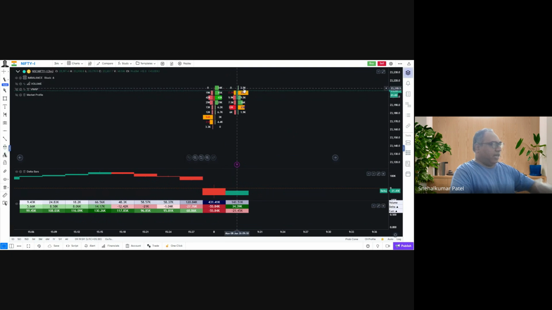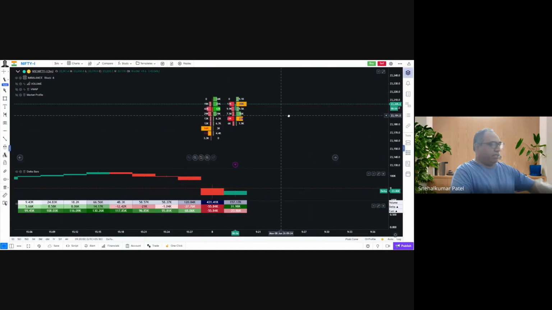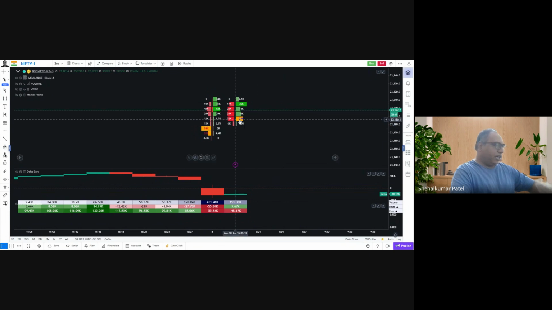This is an imbalance chart that we are looking at, which shows you how many orders are there and where the imbalance is. If you look at this yellow color in the chart, it shows a number, 23K, which is 23,000 quantity of orders that have been executed in the market.